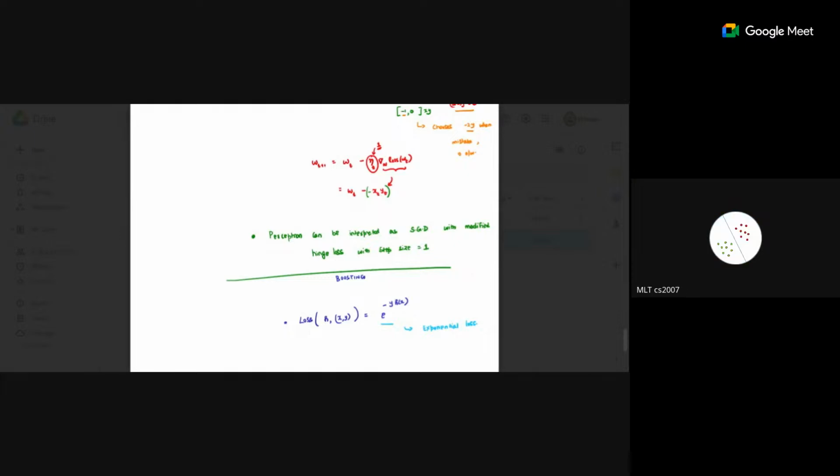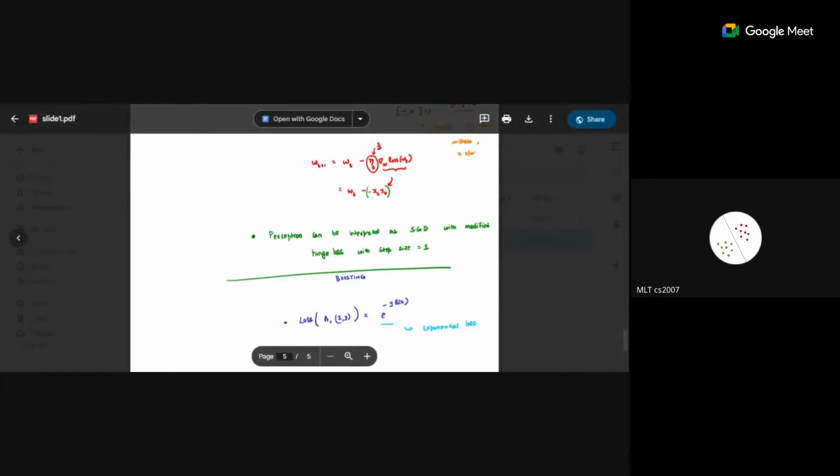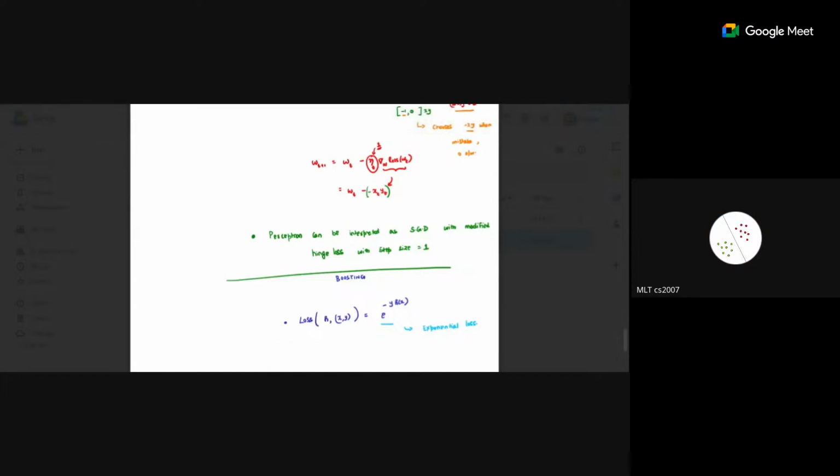So this is a gradient descent based weight update rule. In gradient descent, we always have this learning rate. Then you set the learning rate to 1. This is equal to perceptron. I'm not sure what the perceptron rule used in this MLT course is. Of course, there are multiple ways of using the perceptron rule.